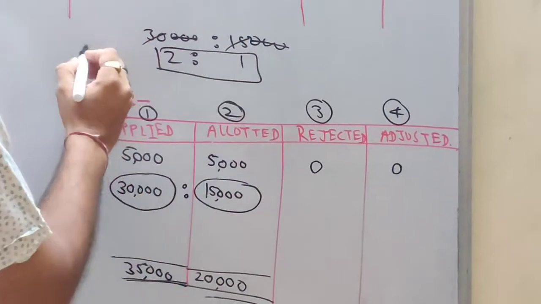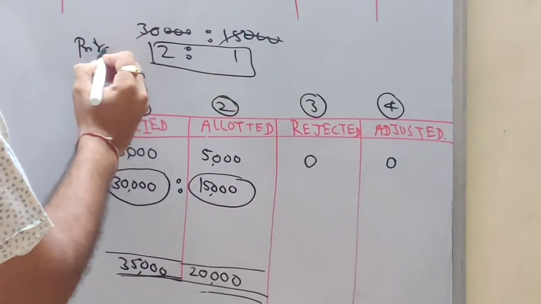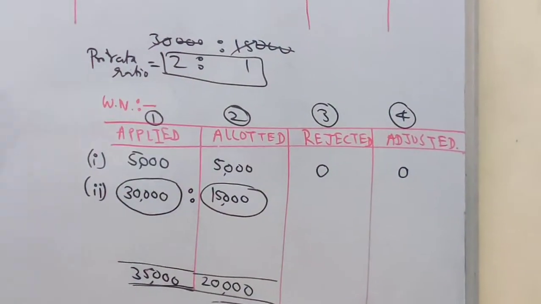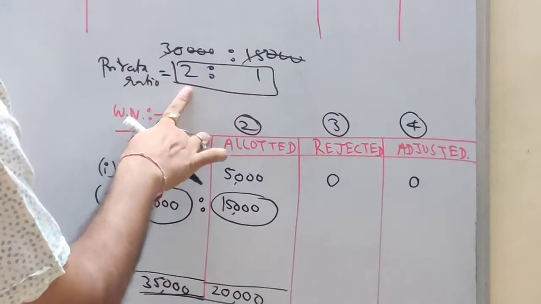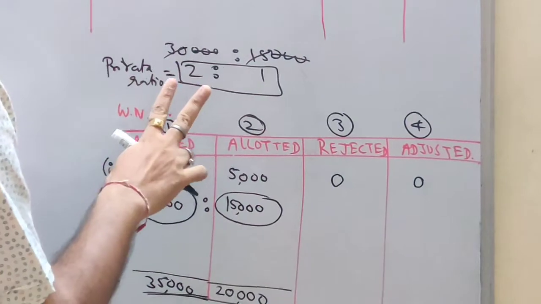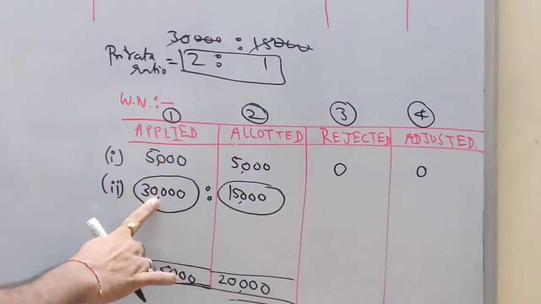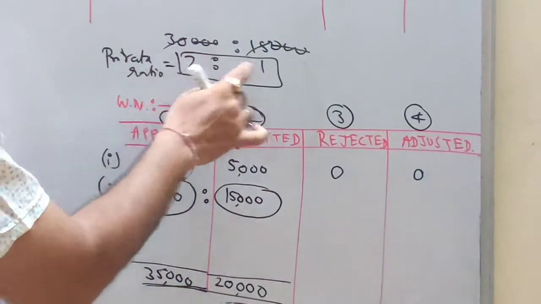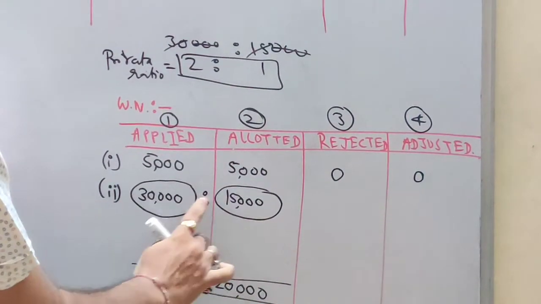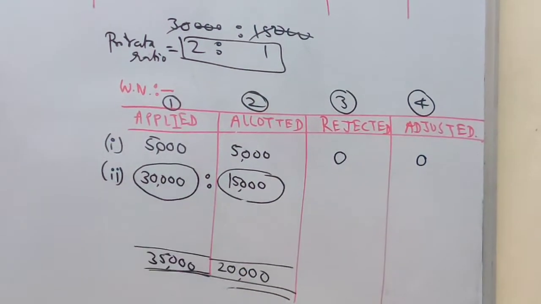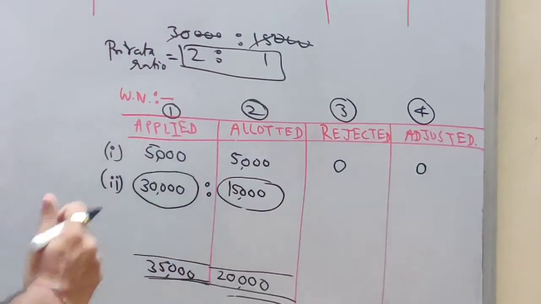So what is the pro rata ratio, students? The pro rata ratio is 2:1. What it shows is those who have applied for 2 shares will be given 1 share. So those who have applied for 30,000 shares, according to the ratio, we have given them 15,000 shares. So this is called pro rata.